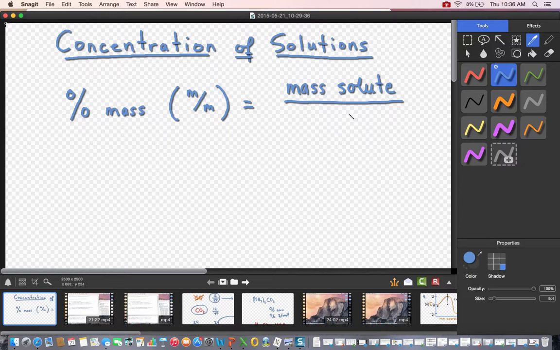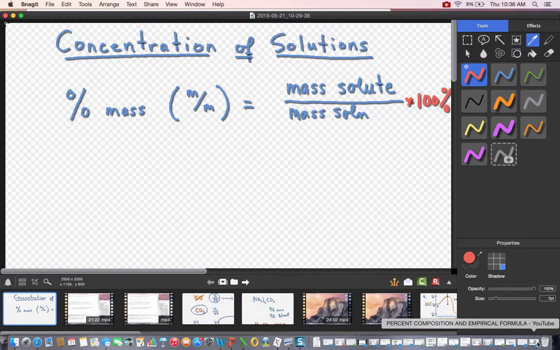It could be liquid, it could be gas, divided by the mass of the solution. That's the solvent plus the solute, times 100. And of course, our unit will be a percent, so I'm going to include that on our definition.